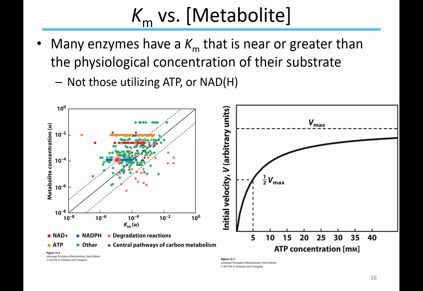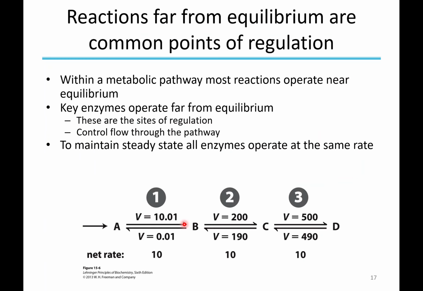They tend to be in a region where the metabolite concentration is higher than the Km values, so a little bit further up on this chart. So if your ATP or NADH concentrations change a little bit, it's not going to affect the overall rate of the reaction as much. Okay.